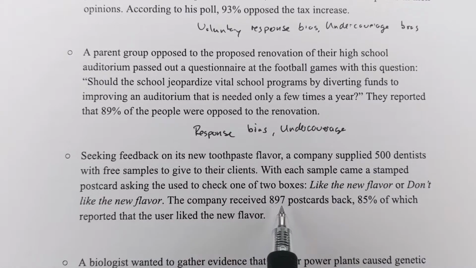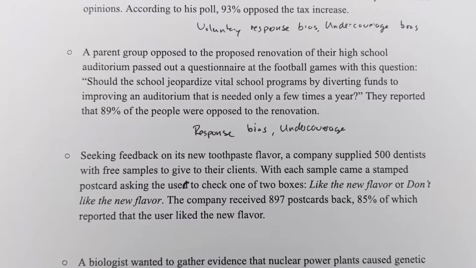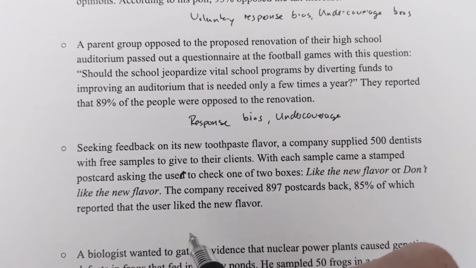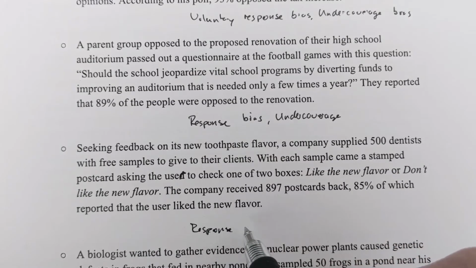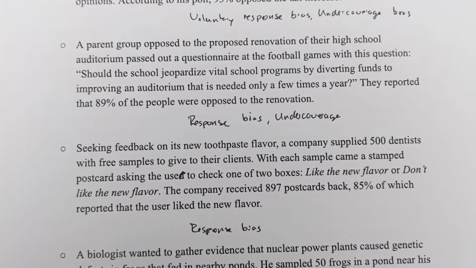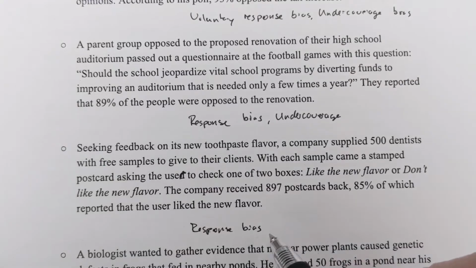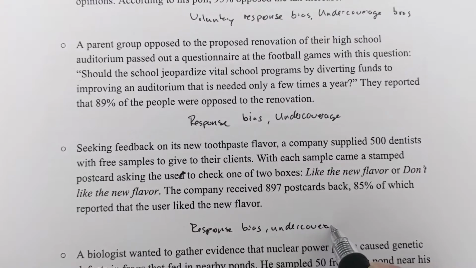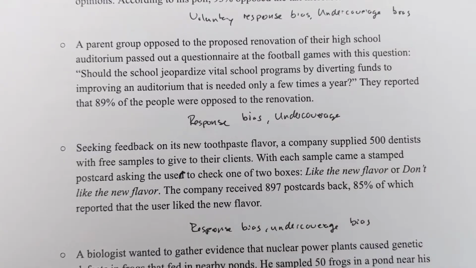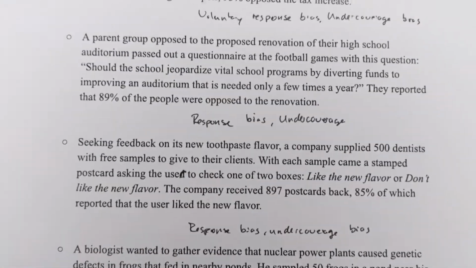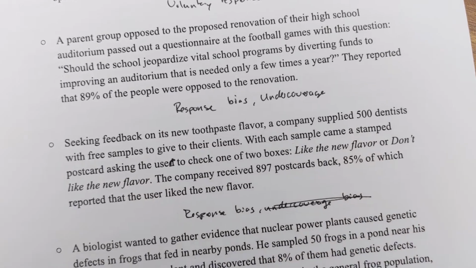The company received 887 postcards back, 85% of which reported that the user liked it. So the problem here would be response bias, because you got some free toothpaste, so you may be more likely to give a higher rating. Actually, probably not undercoverage with 500 dentists, so we'll just go with response.